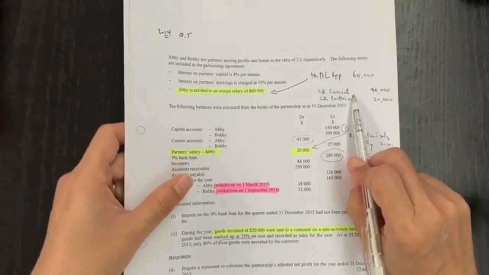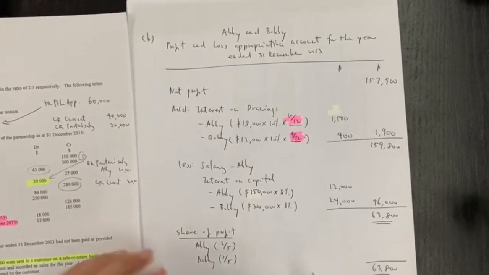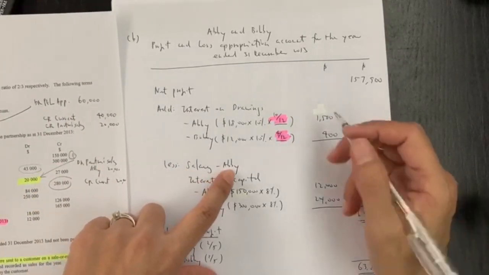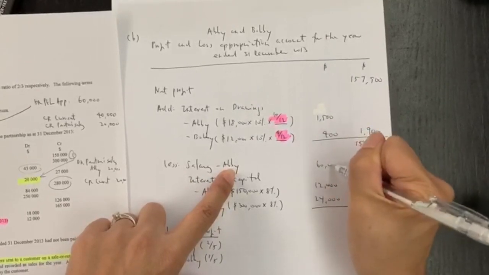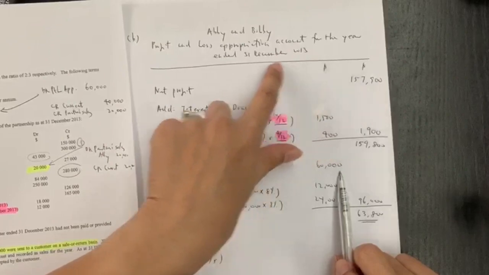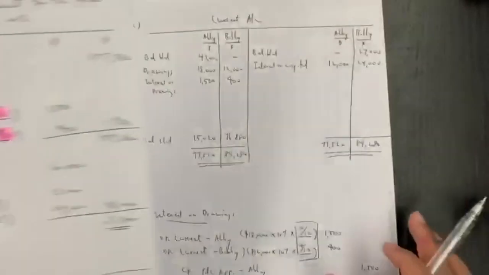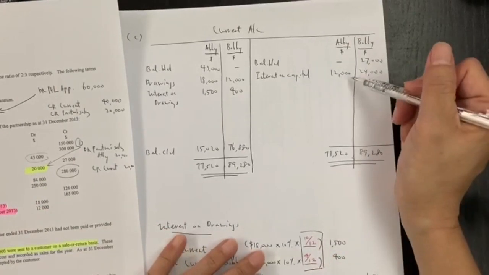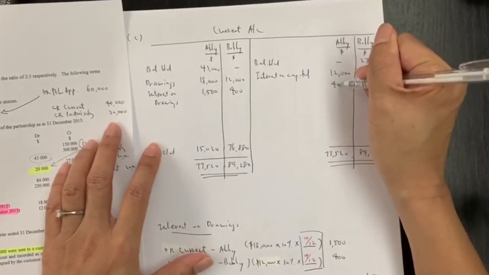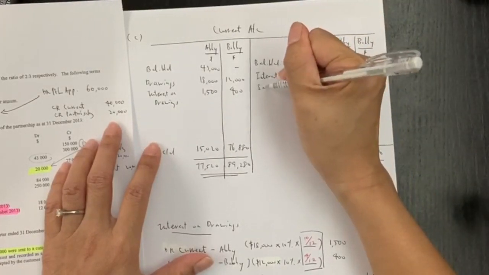All right, okay, so therefore here, profit and loss appropriation account less salary Abby should be 60,000. Always the profit and loss account for how long? For a year, so 60,000. And credit current here, Abby not 60, only 40,000, and that will be what?